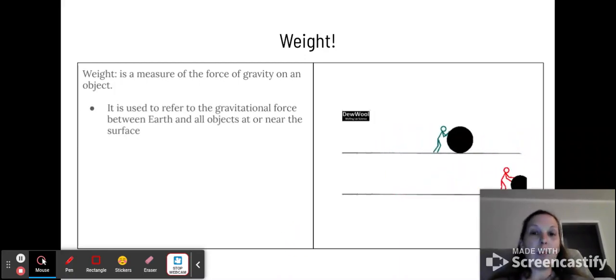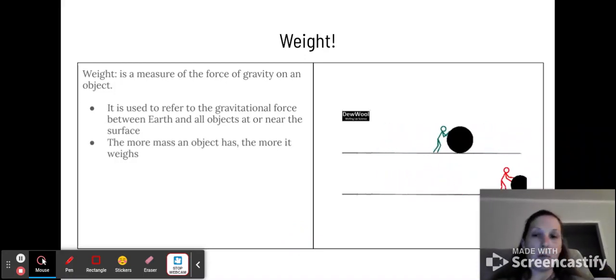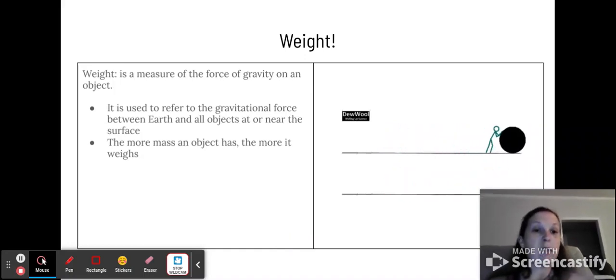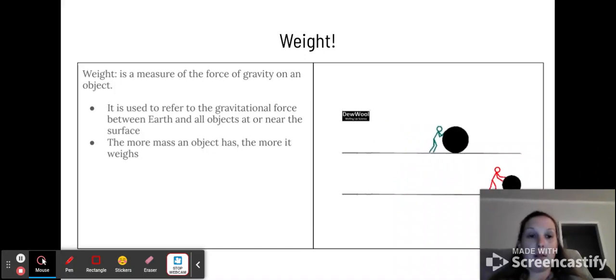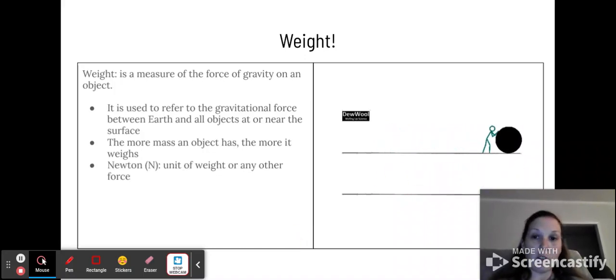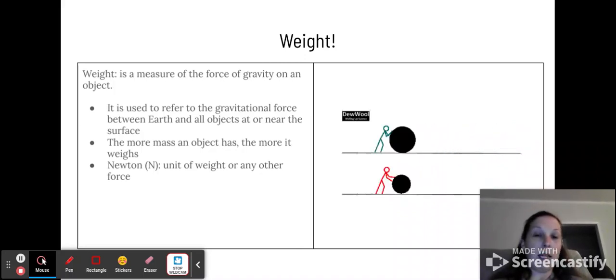So this is used to refer to the gravitational force between Earth and all the objects near the surface. That's what our scales are measured in. The more mass an object has, the more weight it has, because it's the mass times the acceleration due to gravity. This is also measured in newtons, which is the unit of weight and any other force.